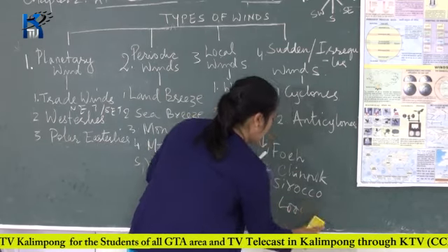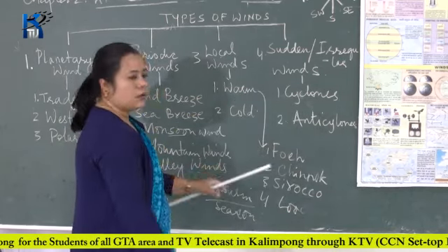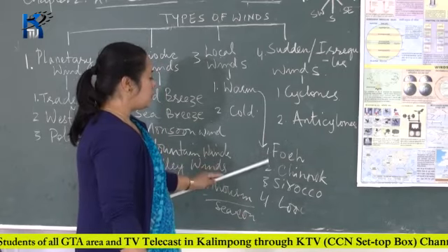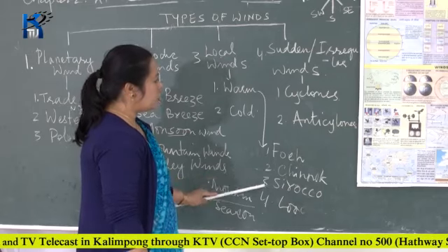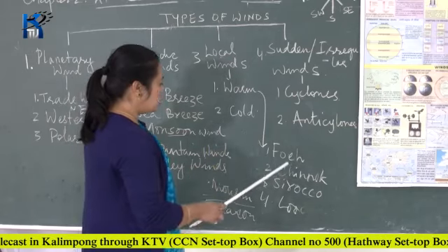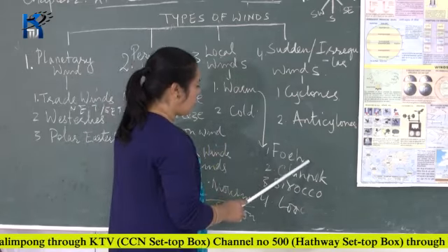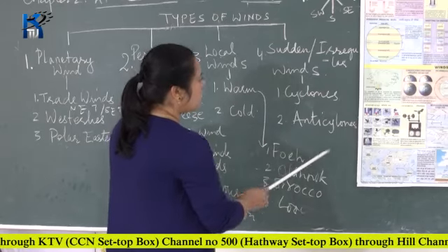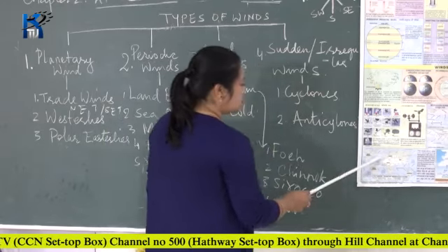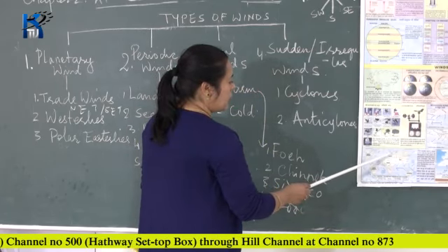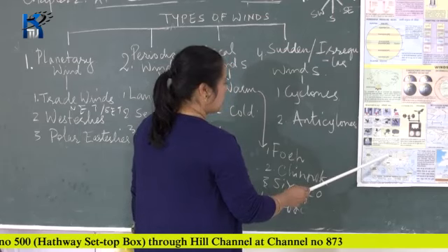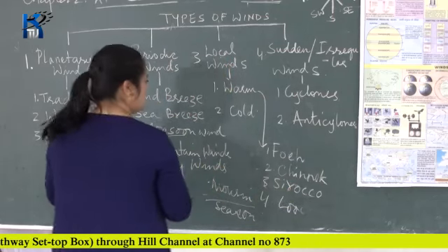These are the different names of local warm winds that blow in different parts of the region. Like Fawn in the Alps, the Alps mountain of Europe. It blows from the Alps and from the leeward side.